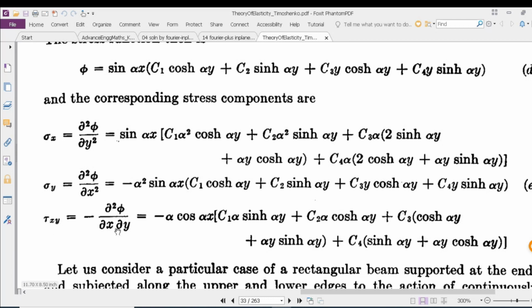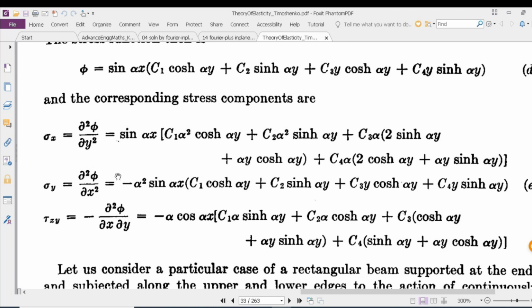Similarly, tau xy comes out to be minus alpha cos alpha x times c1 alpha sine hyperbolic alpha y plus c2 alpha cos hyperbolic alpha y plus c3 small bracket cos hyperbolic alpha y plus alpha y sine hyperbolic alpha y plus c4 small bracket sine hyperbolic alpha y plus alpha y cos hyperbolic alpha y.